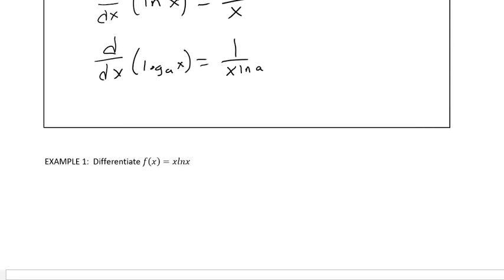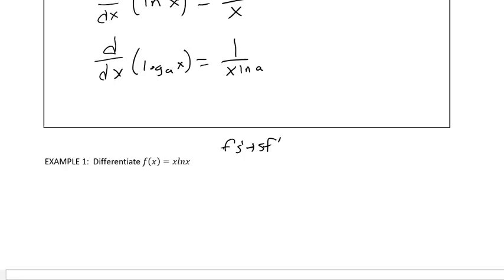All right, well, let's use that and calculate some derivatives. It says differentiate f of x equals x natural log of x. Well, we can see there are two functions multiplied together. We need the product rule: first times the derivative of the second plus the second times the derivative of the first.